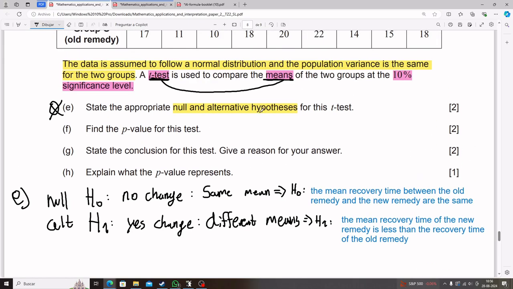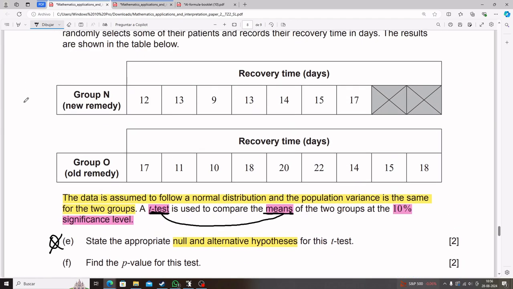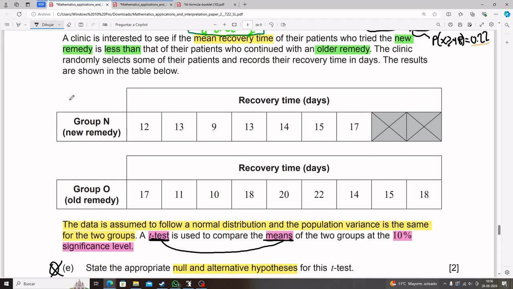The other way you can consider is that for H0, you would say that, well, this is gonna be my new remedy. I mean, sorry, I'm not explaining myself well. This first group is gonna be my first list, okay? Because it is the list of data. And so you will be talking about your first mean, right? So this is gonna be U1 for your mean, and list 2 will be giving you U2, which is your second mean, okay?